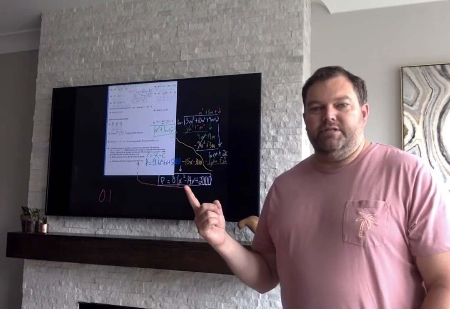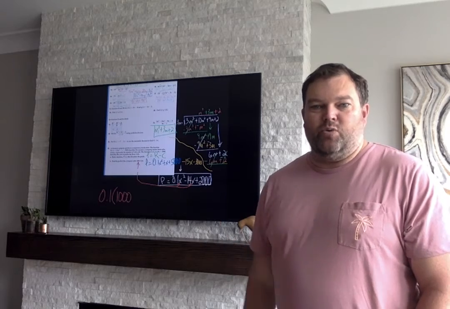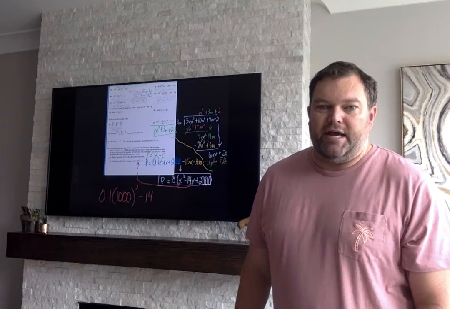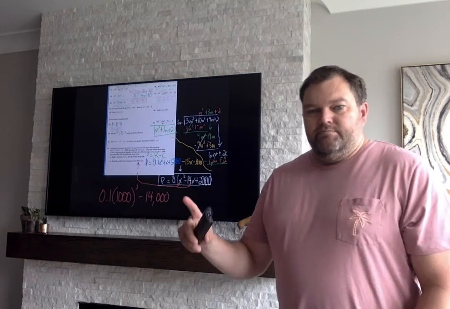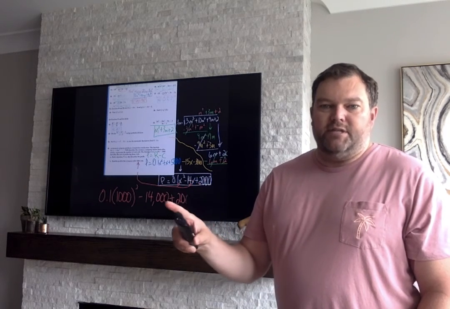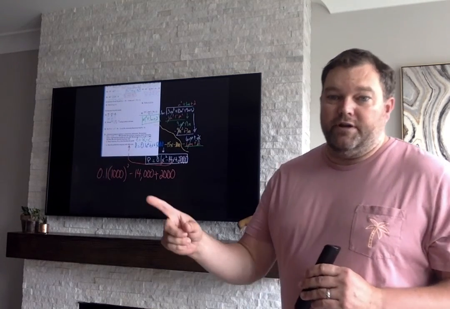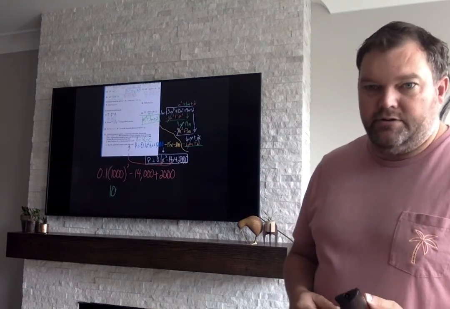Now, putting 1,000 in for X and squaring it might seem like a lot. That might be like, ugh, I don't want to do 1,000 squared. That's okay. Here, 14 times 1,000, that's just 14,000. So that's not as bad. Don't forget that it is minus 14,000 though.